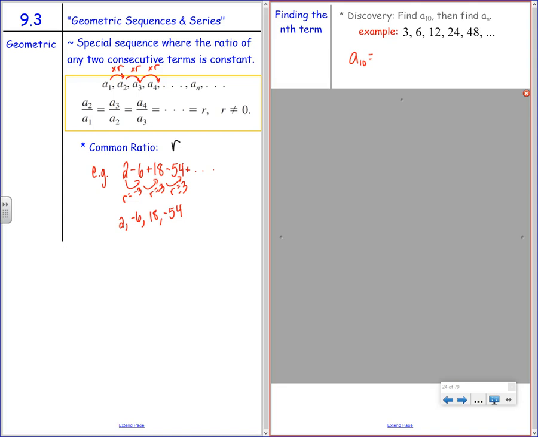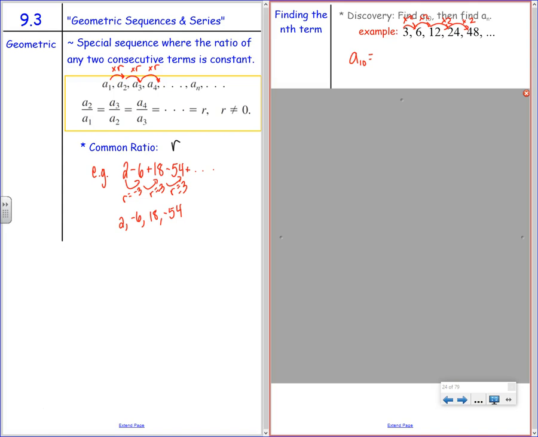R is equal to times 2. Think about what we did with arithmetic sequences, which we talked about just a second ago about the pattern. And how would that work for geometric?